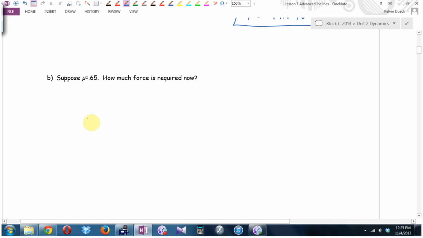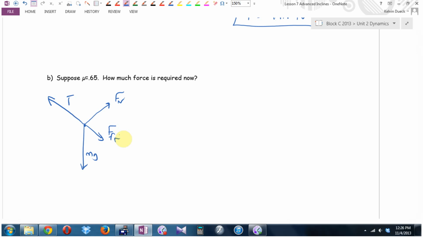Suppose mu equals 0.65. How much force is required now? So I think now we would have this: mg down, normal force, tension, friction. That's your free body diagram, which I would then break up into components.